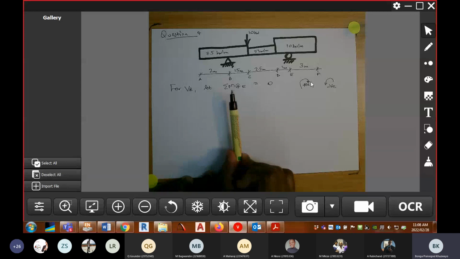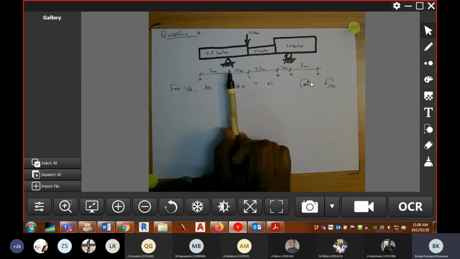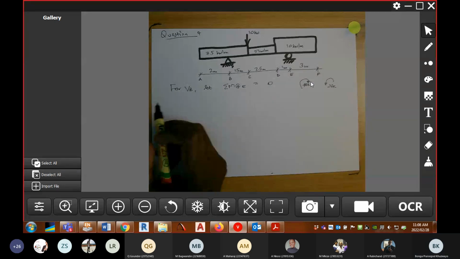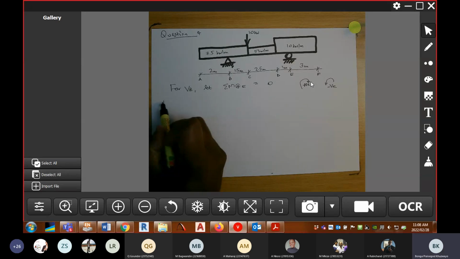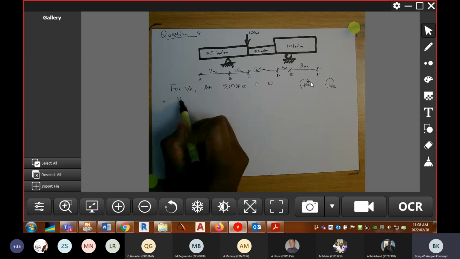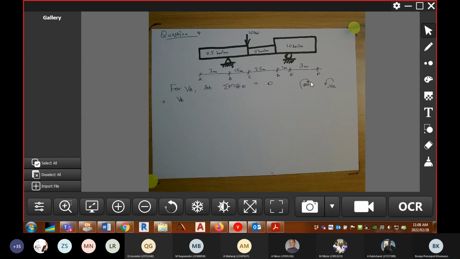If VB is assumed to go up, then it is going to cause clockwise rotation about node E, and then I have a plus sign. VB is the unknown component.